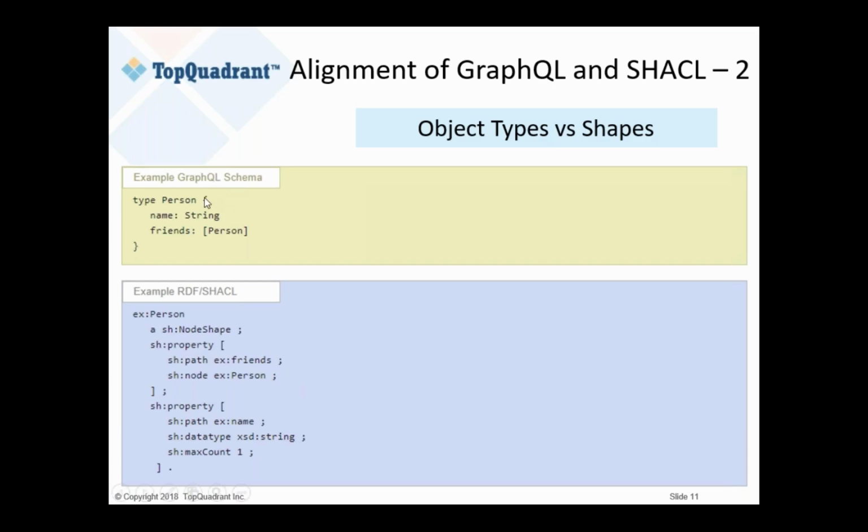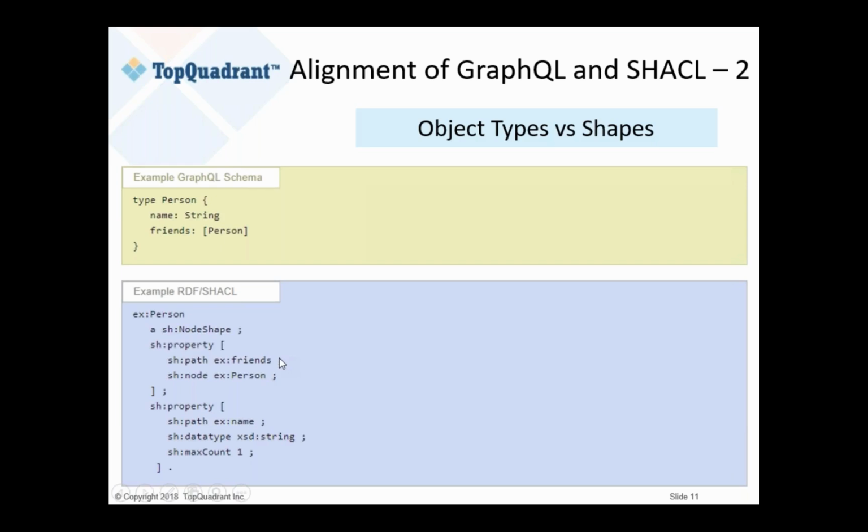And what you can hopefully see straightforwardly is that every type can be mapped into a shape in SHACL, and every field in the GraphQL structure can be mapped into what in SHACL is called a property shape.